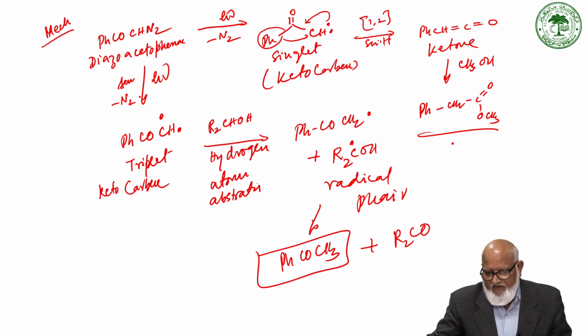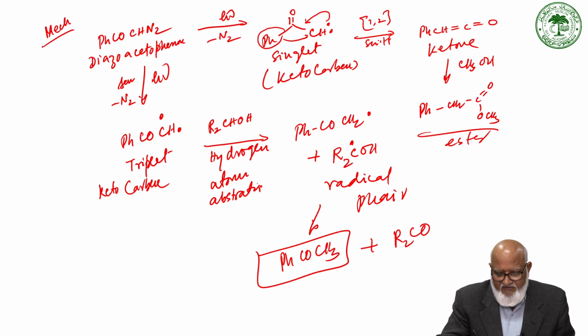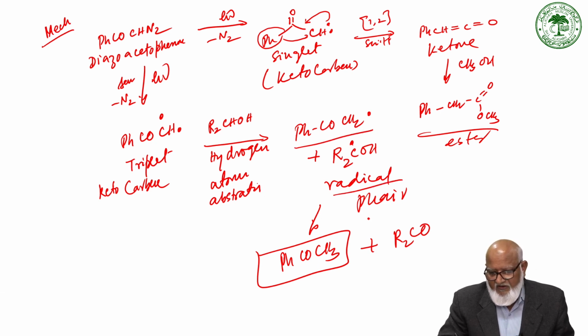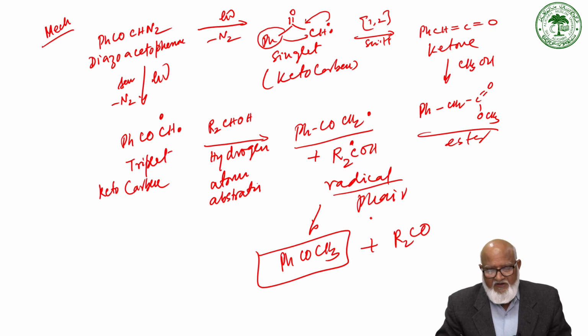On the other hand, triplet carbene involves hydrogen atom abstraction to give this radical pair, which in turn gives rise to this as the other product. So we see the different modes of reactivity of singlet and triplet carbene.